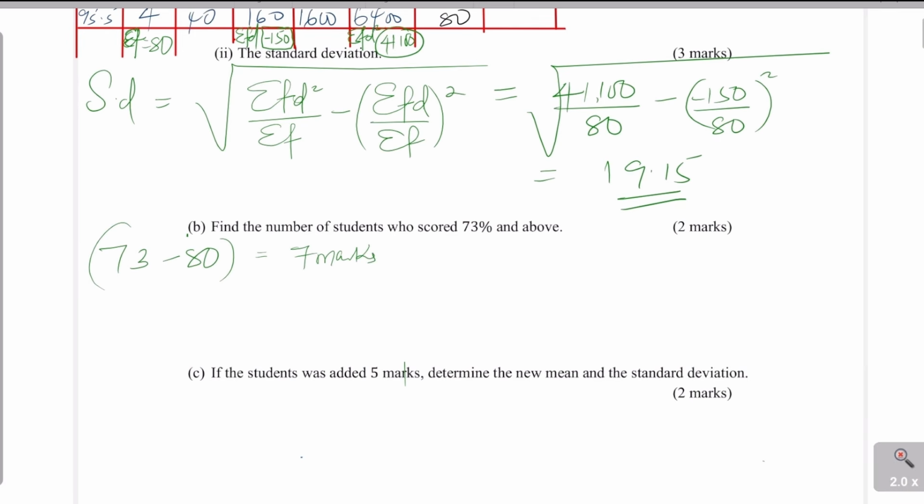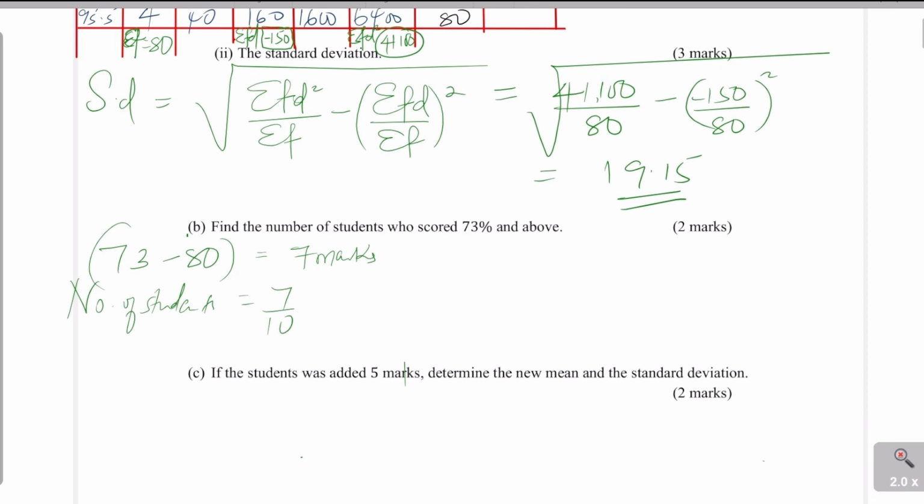And to get the number of students who scored 73 to 80 in that particular class, because now the interval from 73 to 80 is 7 marks, we get the proportion. Remember, the class width of that class is 10. So the number of students who scored 73 and above will be 7 divided by 10.